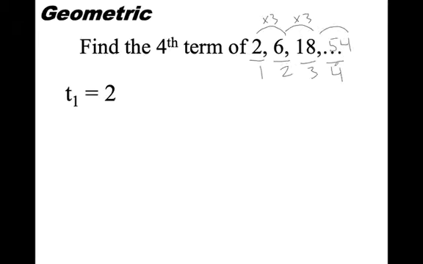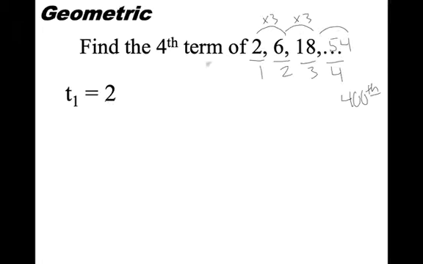We don't want to always have to draw these dashes and use these multiplies, especially if you're not asked to find the fourth term, but suppose you're asked to find the 400th term. So we're going to look for a pattern and try to write a model, an equation, or the general term for a geometric sequence. So we look at some patterns here.